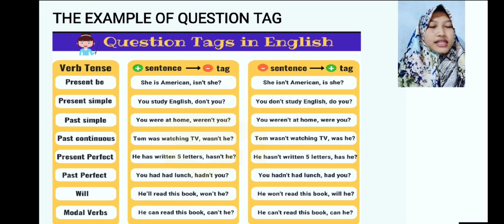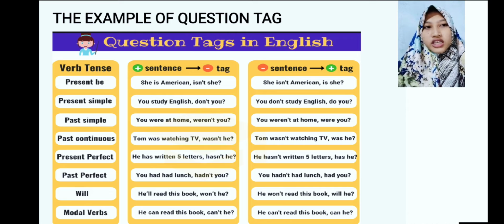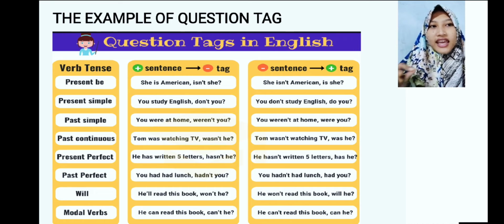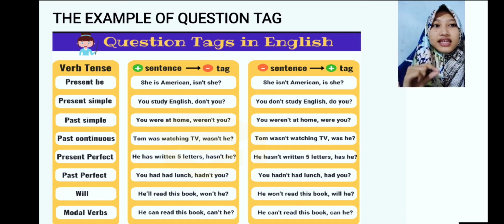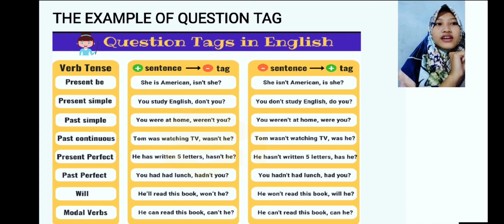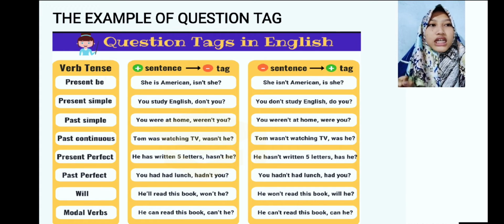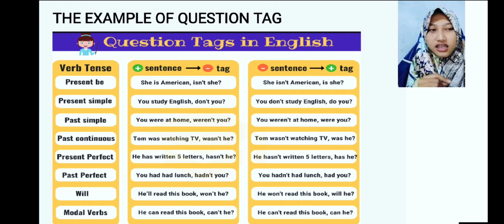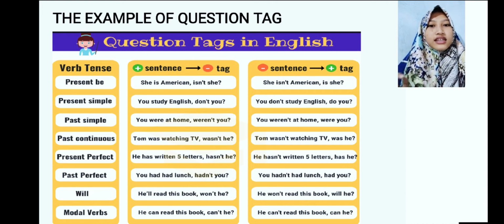Like present be, a positive sentence to a negative question tag. The example is "She is American, isn't she?" And the negative sentence to a positive tag: "She isn't American, is she?"